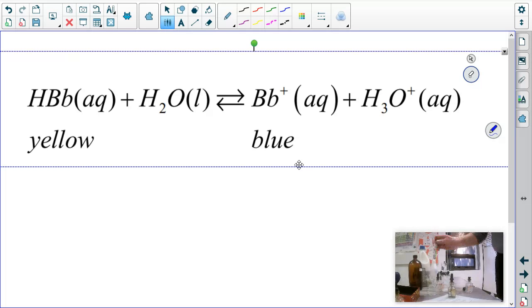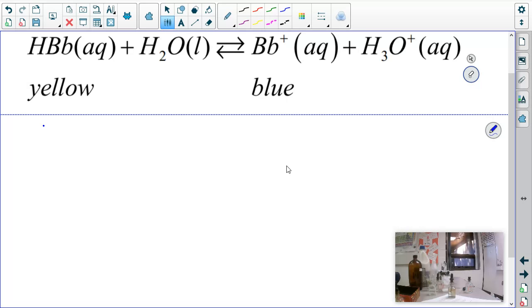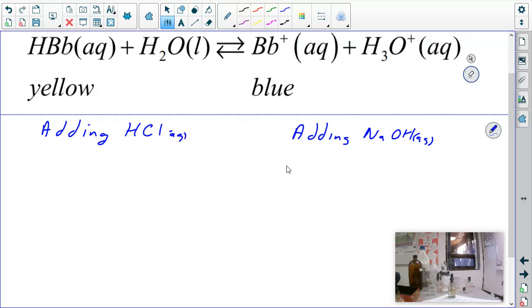Okay? And we have two stresses that we're going to apply to this: adding HCl and adding NaOH.